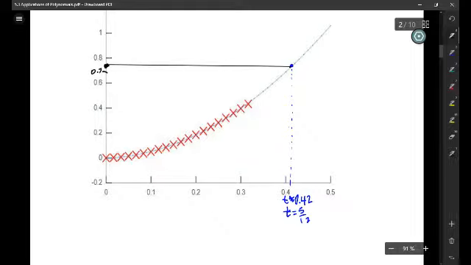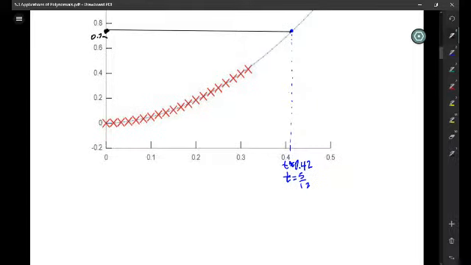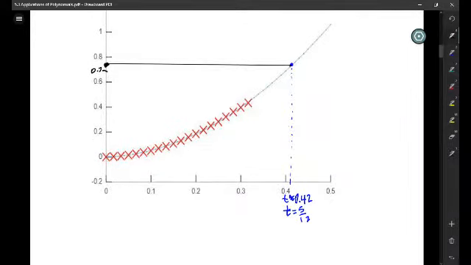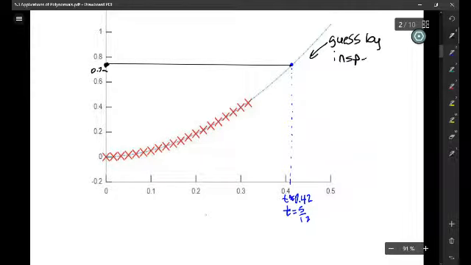I'm going to estimate 0.73. No, 0.72, because the line looks a little slanted up. So the guess by inspection is at 5/12, 0.72.